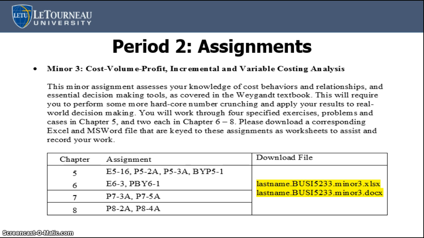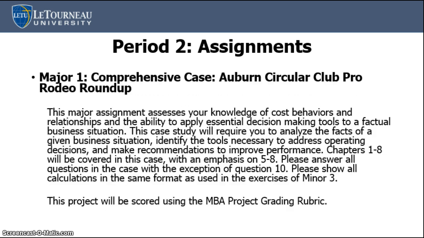If you don't use the spreadsheets, please format your problems in the same manner that they are formatted in the text. Please show all of your work to receive substantial partial credit, even if your final answer may be wrong. The problems are the straightforward application of the tools and techniques learned in the chapters. There are no trick questions built into the assignments.